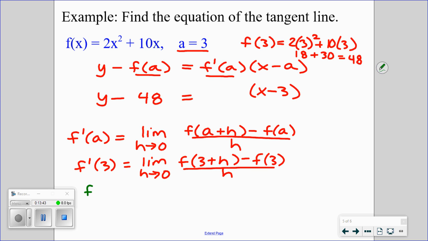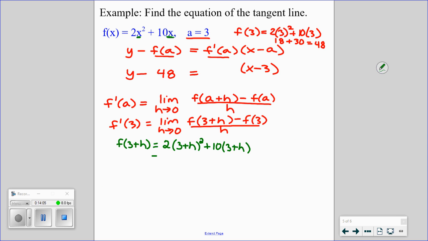All right, so f of 3 plus h means that we're going to plug in 3 plus h in place of x. So this will become 2 times 3 plus h squared plus 10 times 3 plus h. We're just going to simplify this. So I'm going to start by FOILing the 3 plus h.